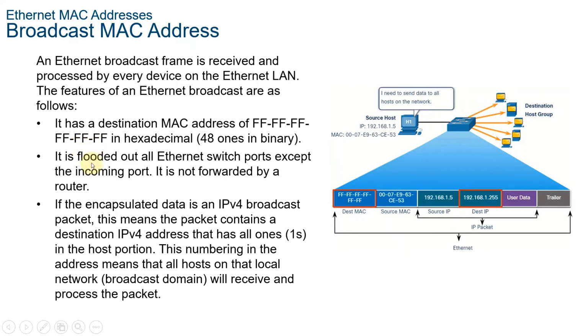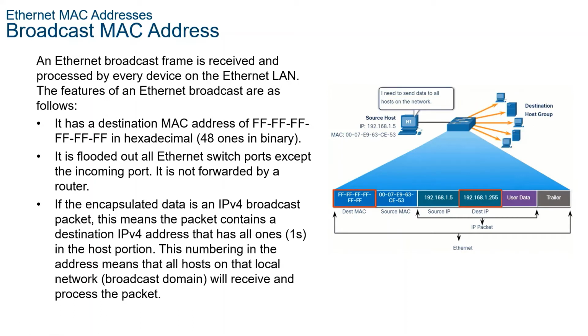Next, it is flooded out all the Ethernet switch ports except the incoming port. If you will observe this animation, it is forwarded on all the ports of the switch. So that is a broadcast.